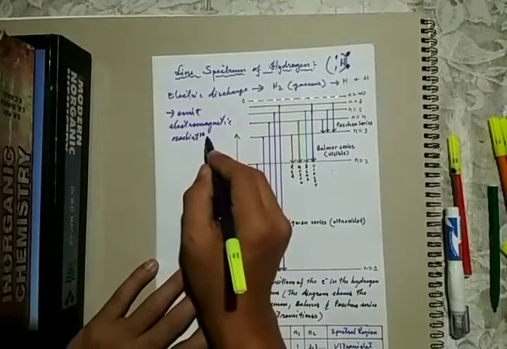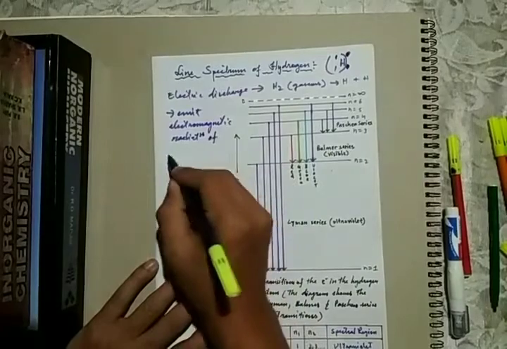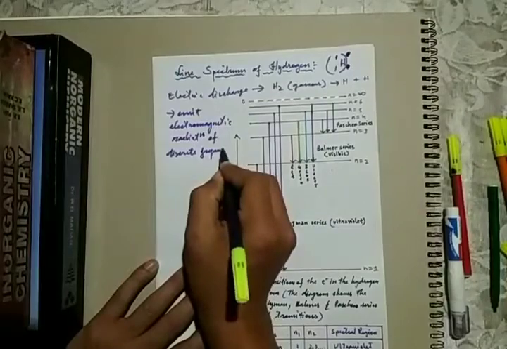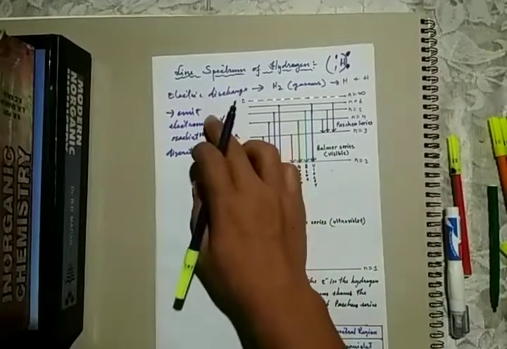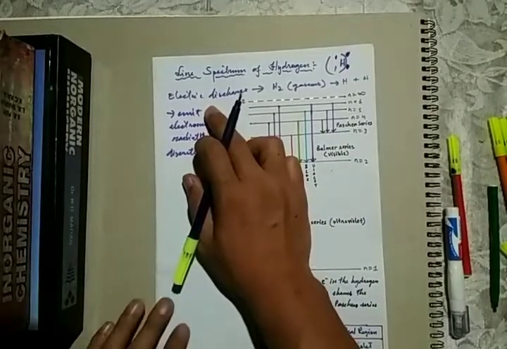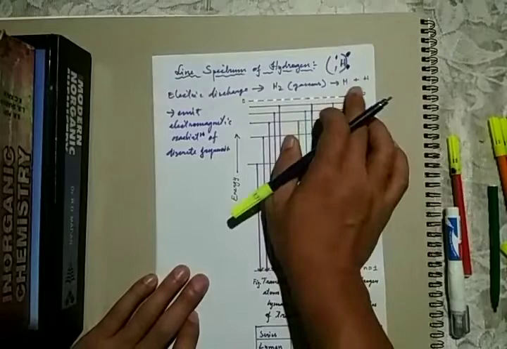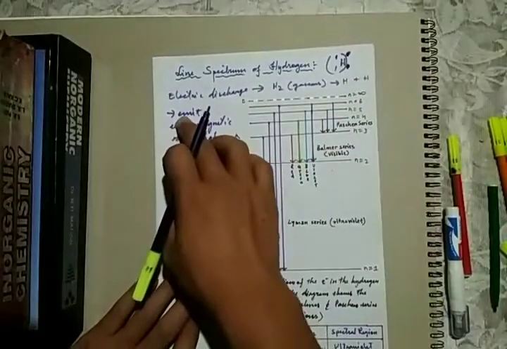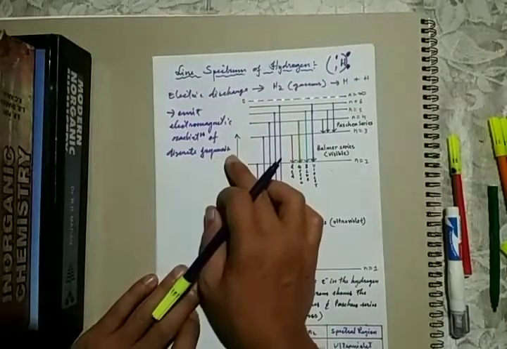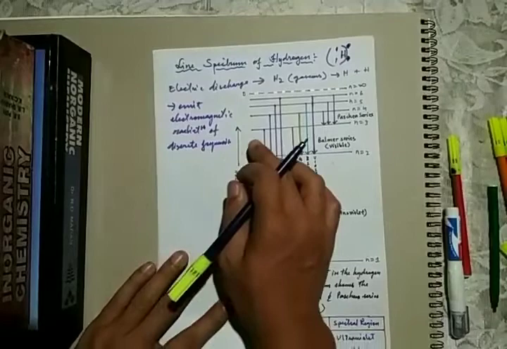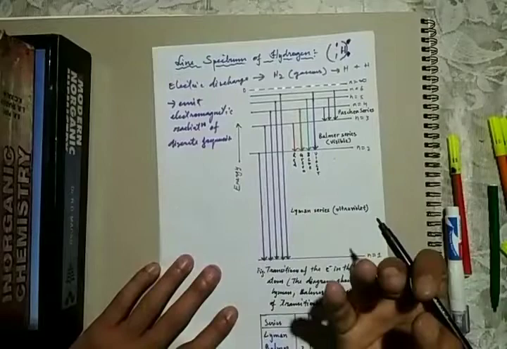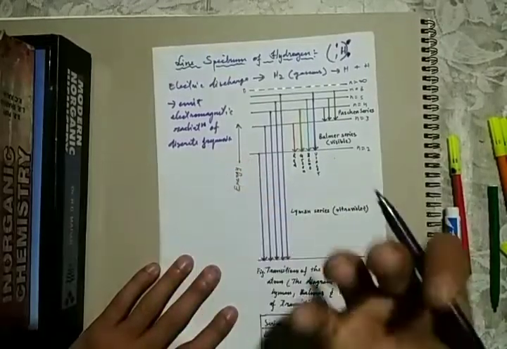So when electric discharge is passed, hydrogen gas dissociates and gains energy, and after that it emits electromagnetic radiation of discrete frequency. This spectrum is exhibited by the hydrogen.